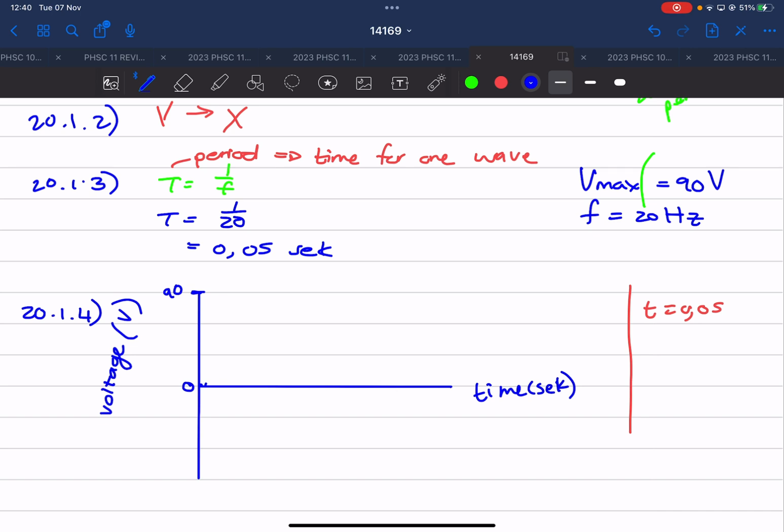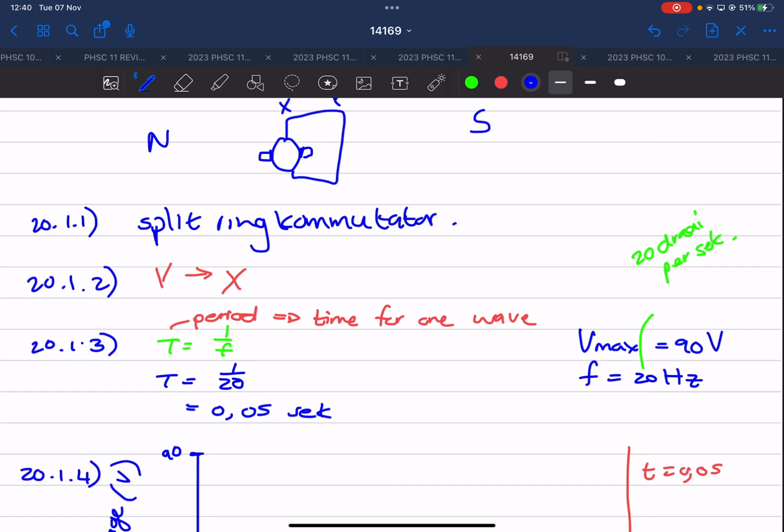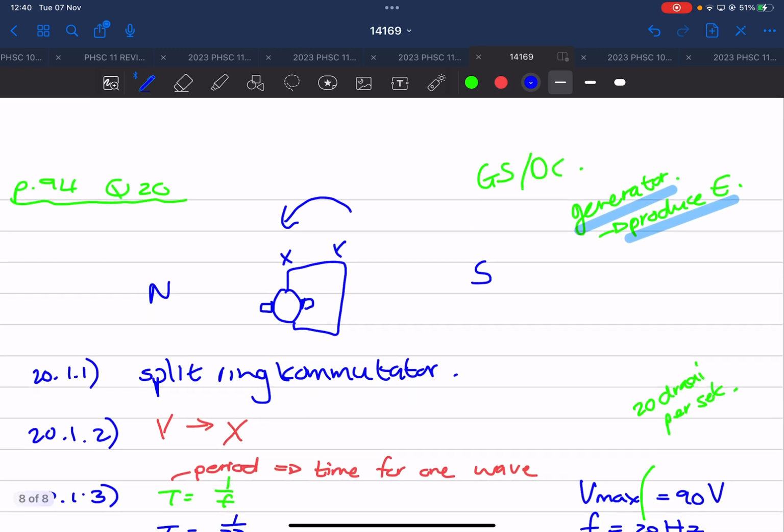Nou moet ons twee goed oor wakker wees. Number one, where does it start? It starts upright, né? So it's half parallel. So does it start at a maximum or a minimum? Minimum. Né? So the maximum when it is like this, horizontal. This is a minimum, daar's 'n maximum.